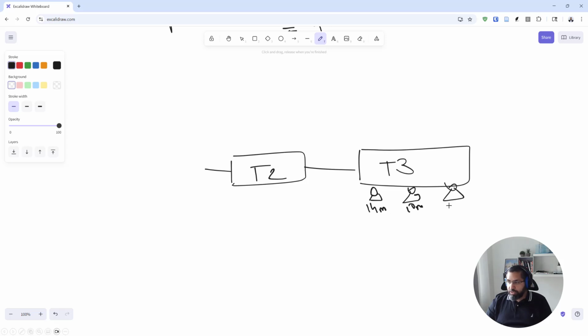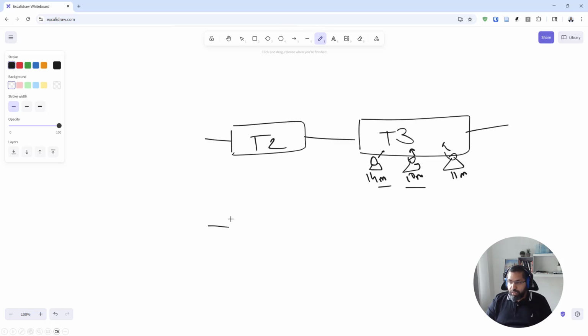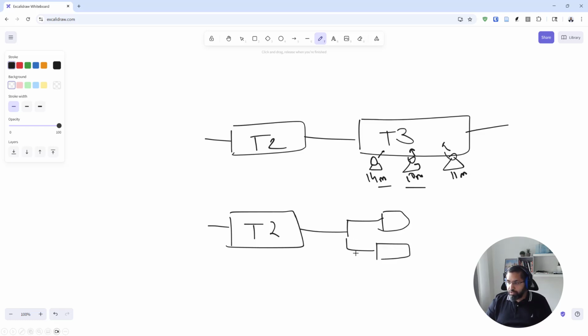And then worker 3 is 11 minutes. So all these 3 workers are doing T3, but they all have different cycle times. You can show it like this. If you want to be really explicit, because I'm doing this type of problem with you for the first time, I want to really show the different speeds of the workers working in T3. So I drew it like this, okay?